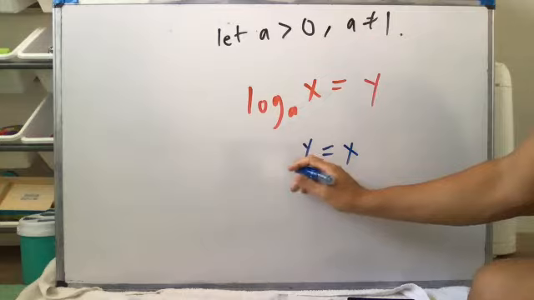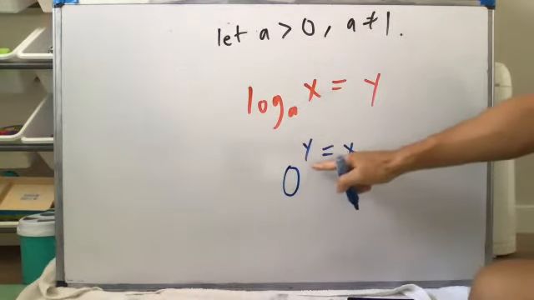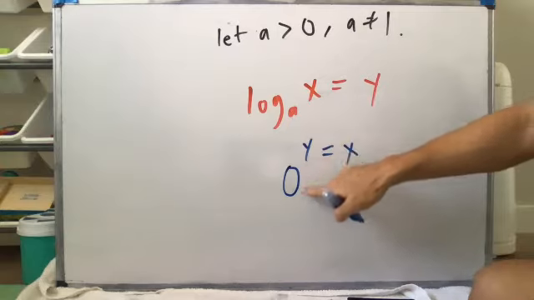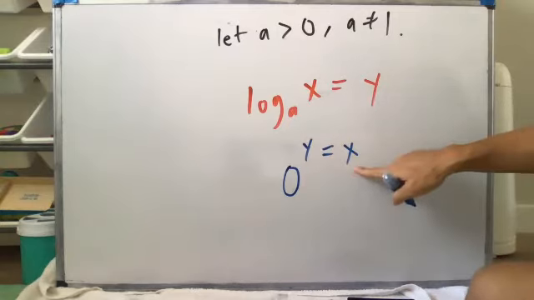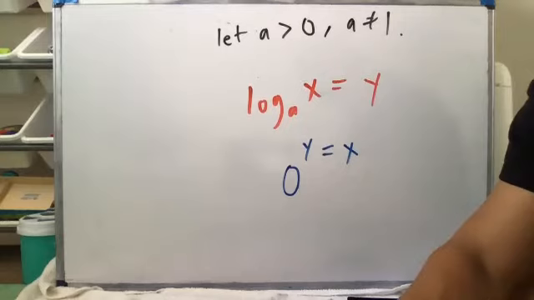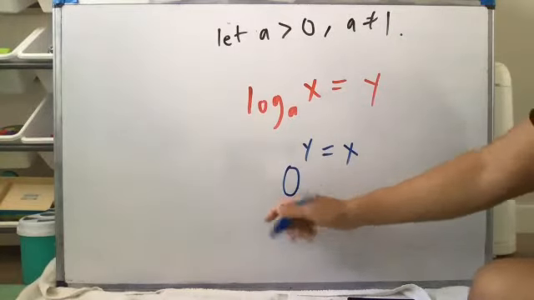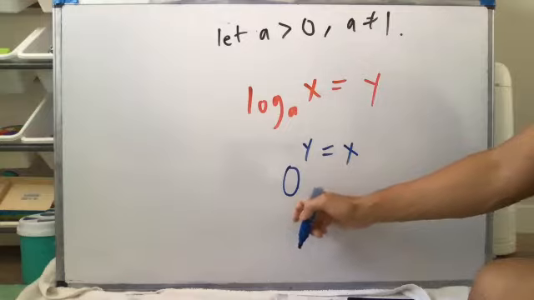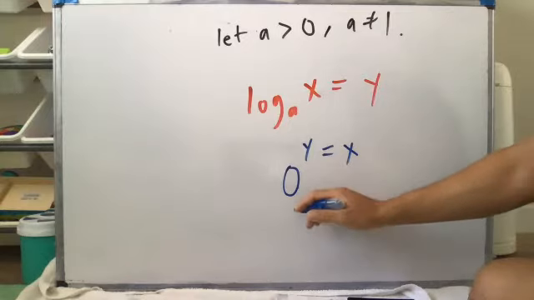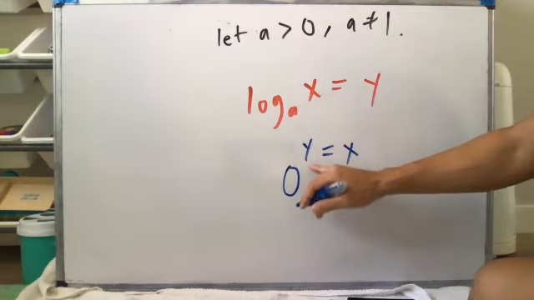So if a is 0 or less, let's look at 0 or less. It's looking at 0 to the y is equal to x, but in general, you can't get x from raising 0 to a power, right? Like if you have some random number, it's not going to be possible. And if it's negative, if this a is negative, then when I raise it to a y power, what's going to happen?